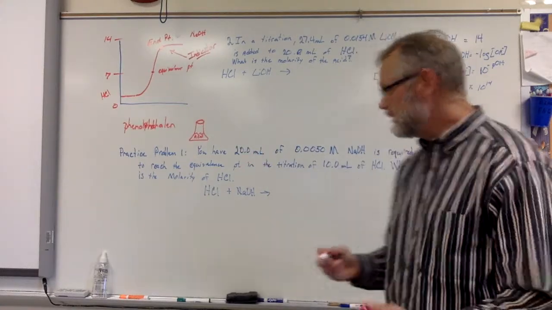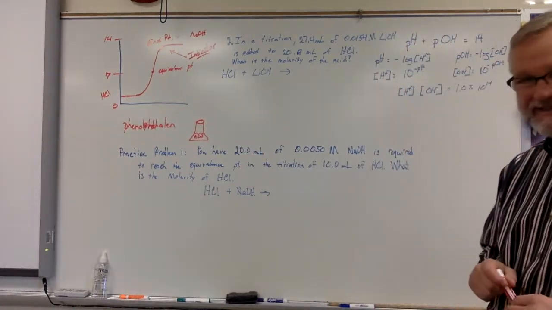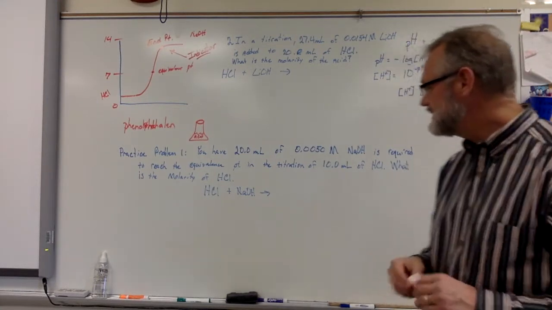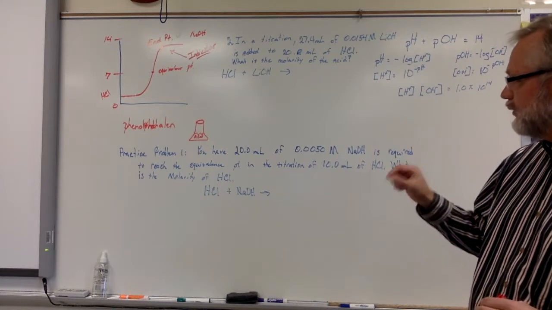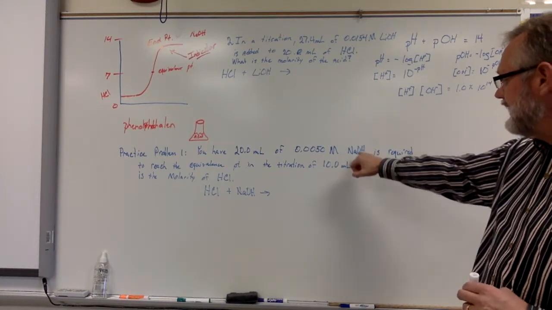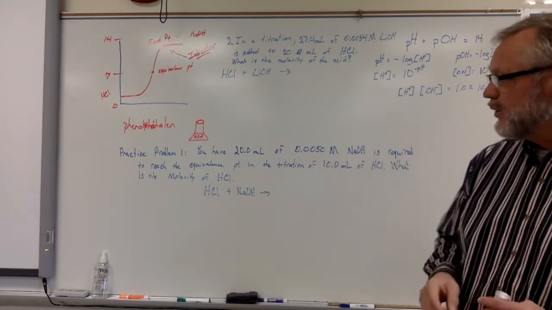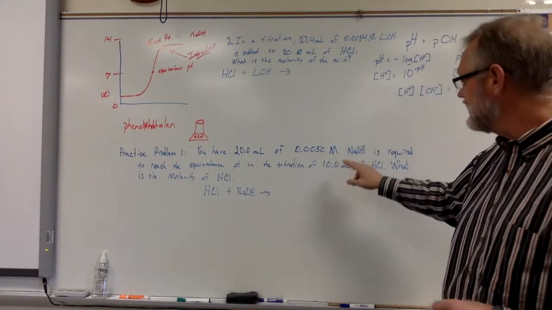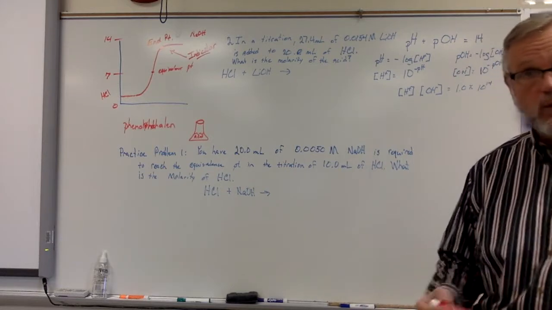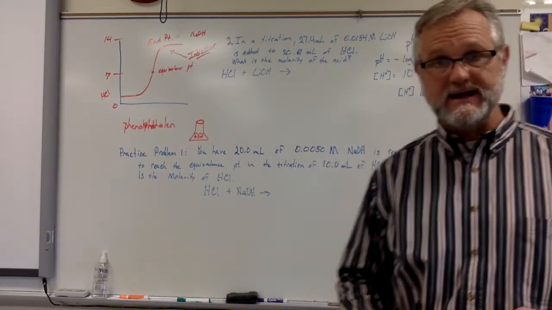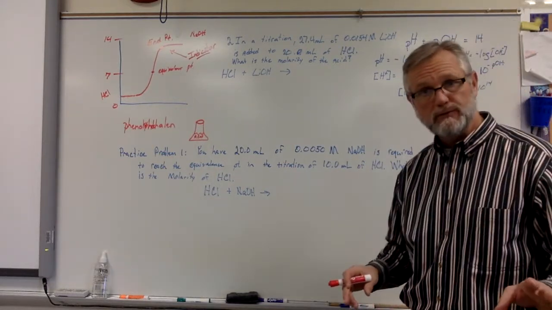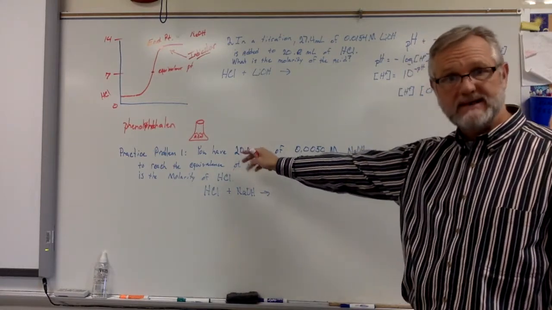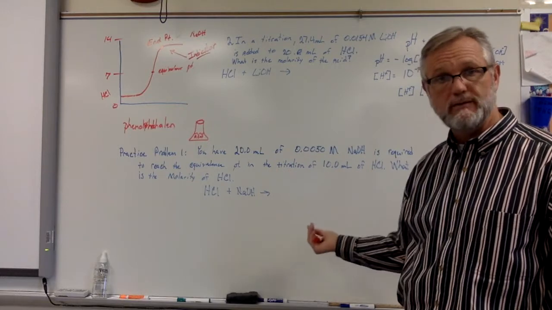So practice problem 1 says that I have 20 milliliters of 0.005 molar NaOH, and it is required to reach the equivalence point in a titration of 10 milliliters of HCl. What is the molarity of HCl? These problems, very easy to recognize. Number 1, it gives you an acid base, it gives you the quantities, and you're going to be missing one.